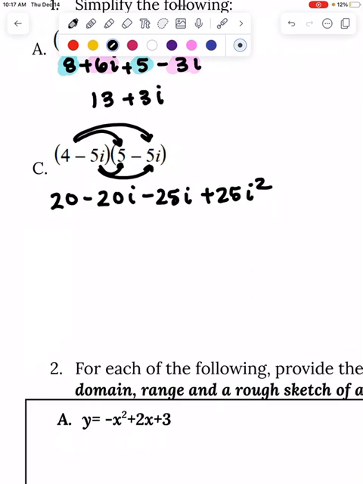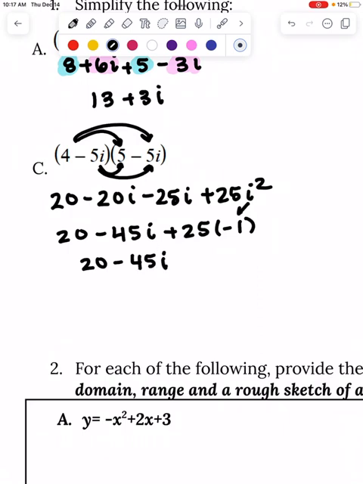Okay, sounds good to me. I'm going to combine those middle terms, so I get negative 45i. And don't forget, the biggest thing with this section is i squared turns into negative 1. And so I'm going to have 20 minus 45i minus 25. And so I should get negative 45 minus 45i.